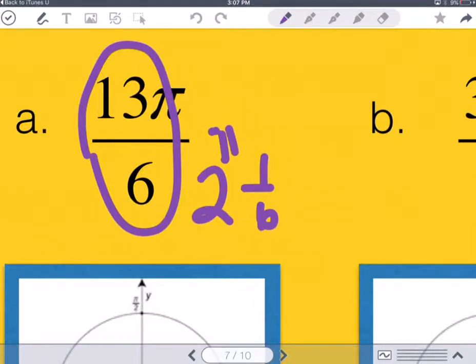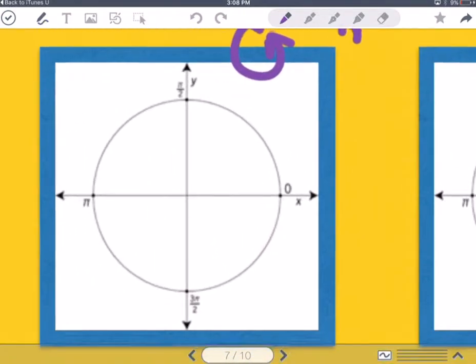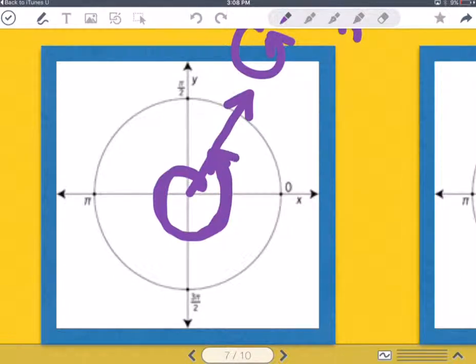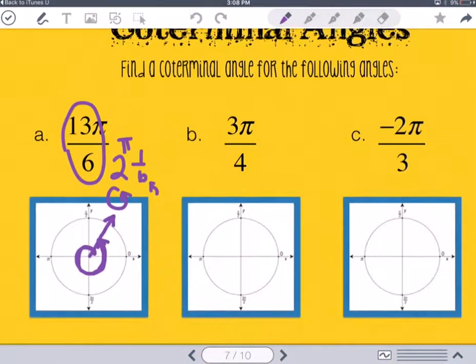And we know that 2 pi is one full rotation, and then pi over 6 is just going to be a little bit into the first quadrant. So I know that I'm going to go fully around and then a little bit more, and that's where my angle is going to be. So that again is I went fully around and then just a little bit more into the first quadrant.